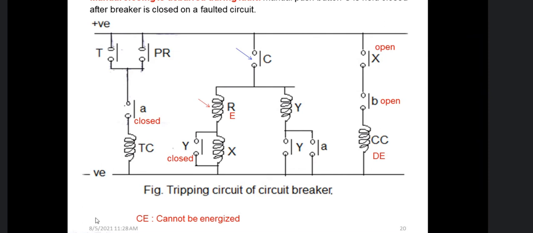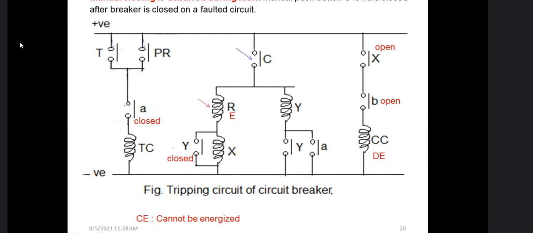Now you see, when there is a fault, that means the primary relay has given a signal. So the primary relay has given a signal means this relay coil has energized, and initially B was open, because when it is changed to close then B should be open, and A is closed, right?